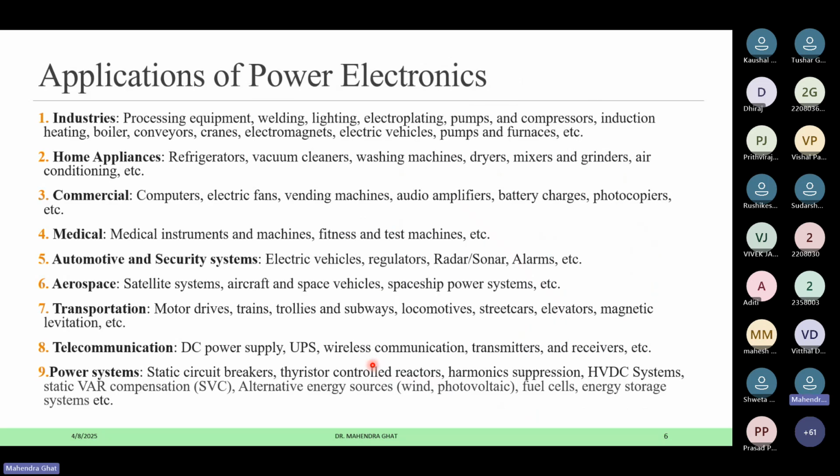Then coming to why power electronics, or what the applications of power electronics are. Nowadays power electronics is everywhere. It is getting used everywhere.